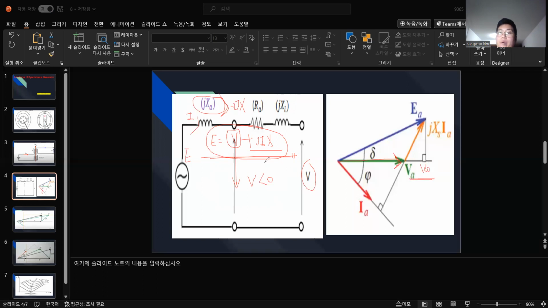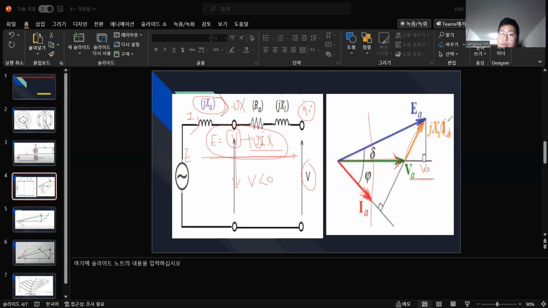And then our general situation is we are using the load, right? So our current is lagging, right? And then I said J is 90 degrees, make it precede, right? So from here, 90 degrees preceding is here.